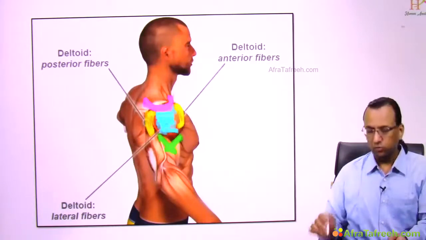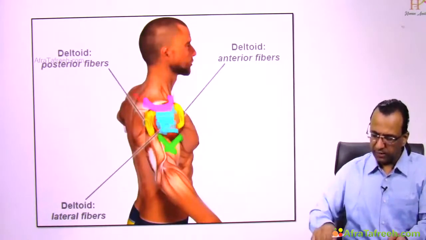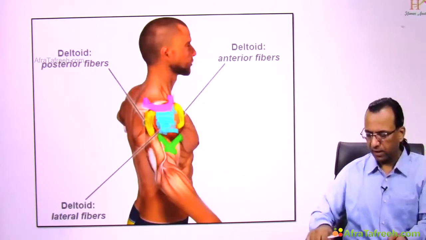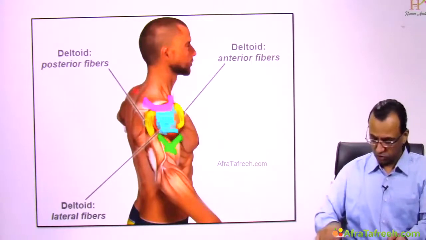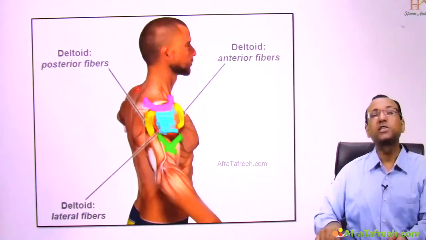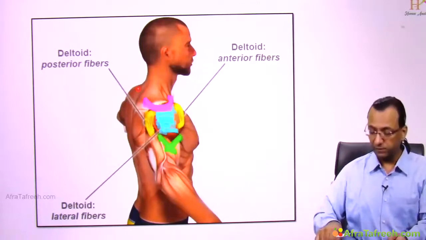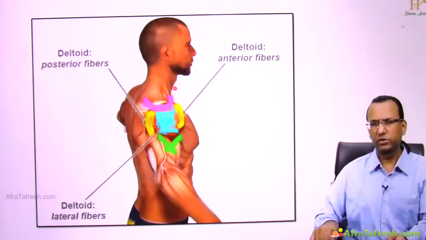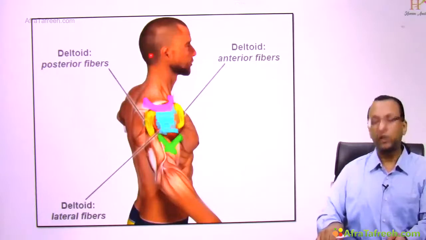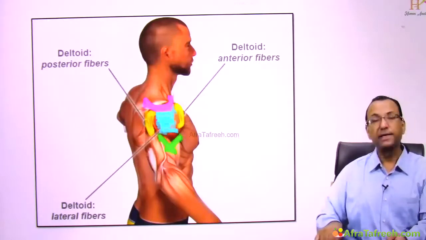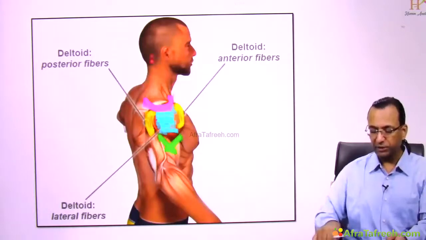That means the spine of the scapula, the acromion process of the scapula, and the clavicle bone: the clavicle anteriorly, laterally the acromion process, and posteriorly the spine of the scapula. That is the insertion of the trapezius muscle and the origin of the deltoid muscle. But there is a difference: the inner J is for trapezius and the outer J is for deltoid.